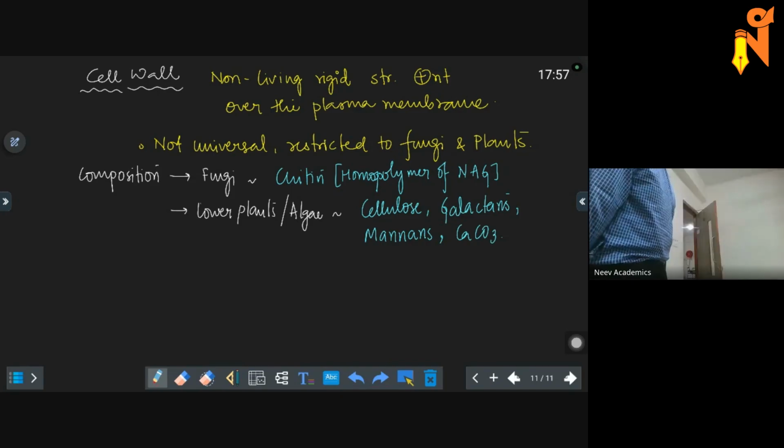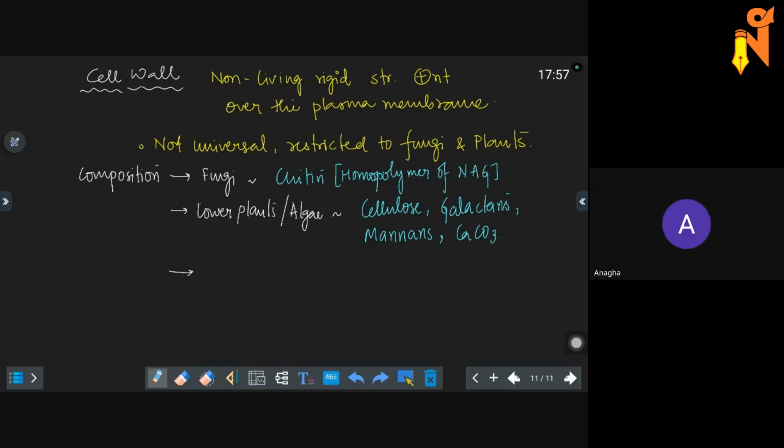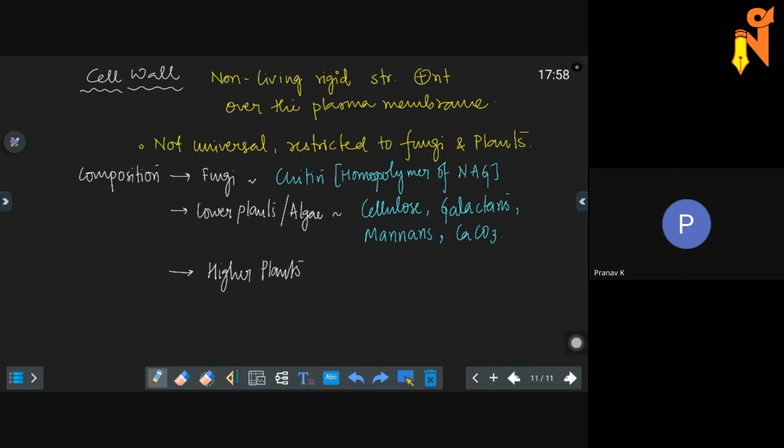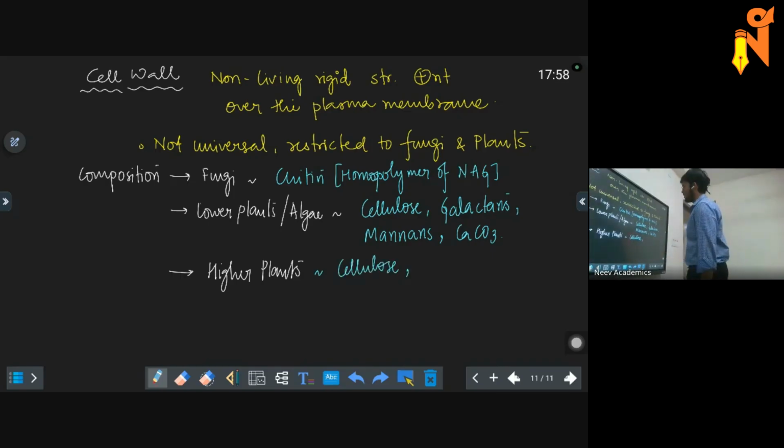A homopolymer has a single monomeric unit. If there is more than one type of monomeric unit, then it is a heteropolymer, like peptidoglycan. Pranav pointed out that chitin is the same one in fungi and arthropods. Yes, chitin is the same. Other proteins or other things can be present, but chitin will be the same.